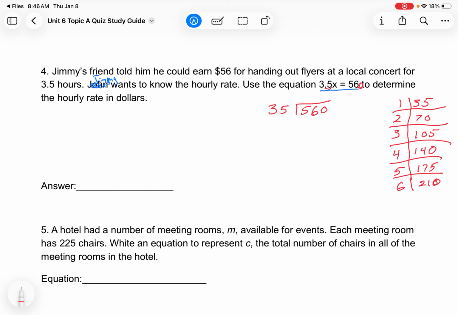Well, closest without going over is 35. So that's a 1. Subtract, and we get 21. Bring down the 0. Closest to 210 is 210. And that was 6. And so the answer is $16.